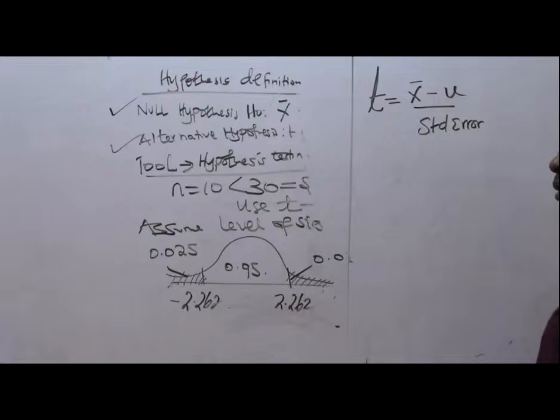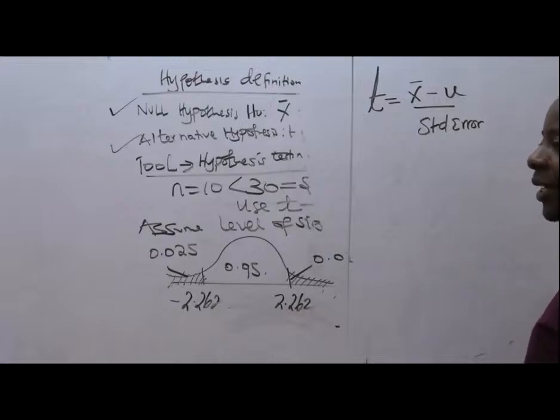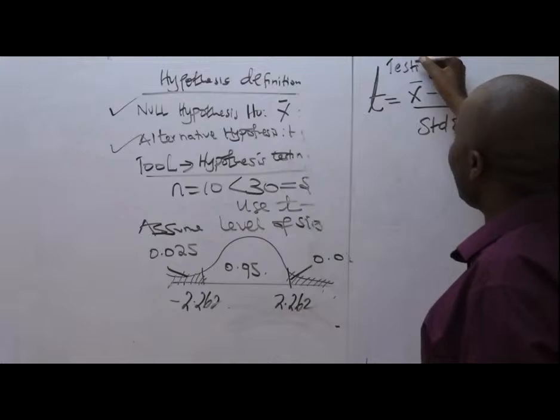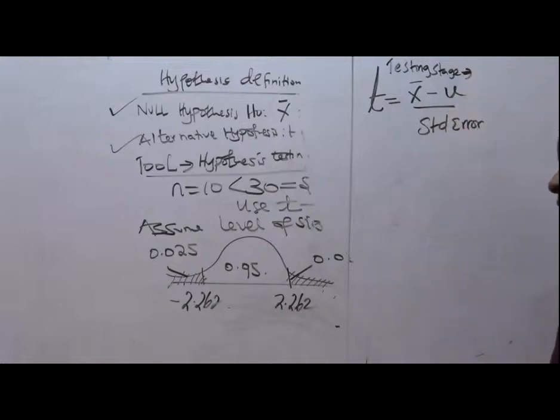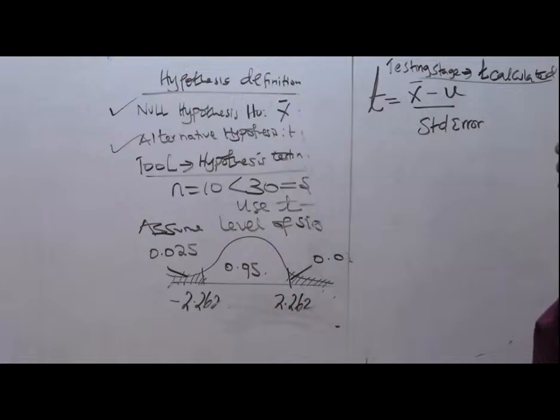We take X bar minus mu divided by standard error. This is the testing stage, what we call the T calculated. So the T calculated is T equals X bar minus mu all over the standard error.